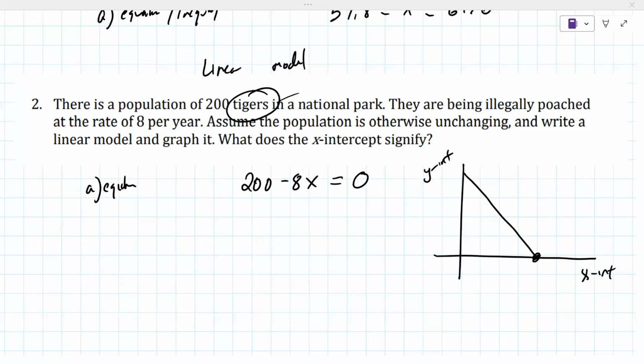Let's do some more inequalities. Let's see if I can find some that are better, like what you've got there. These aren't great.